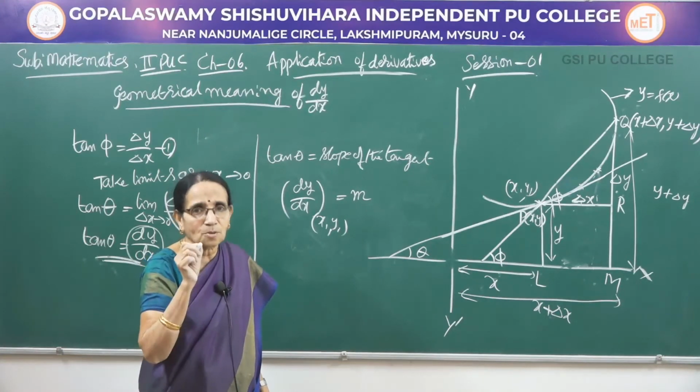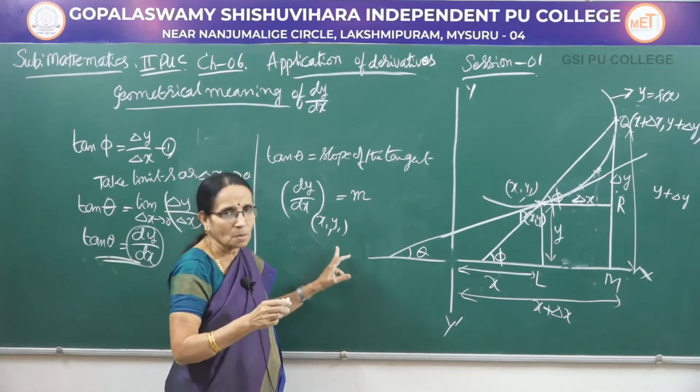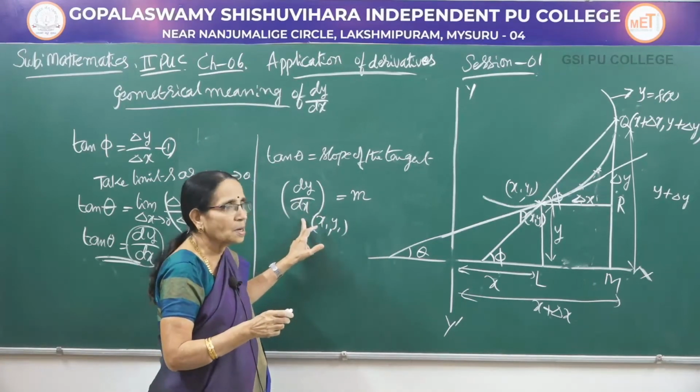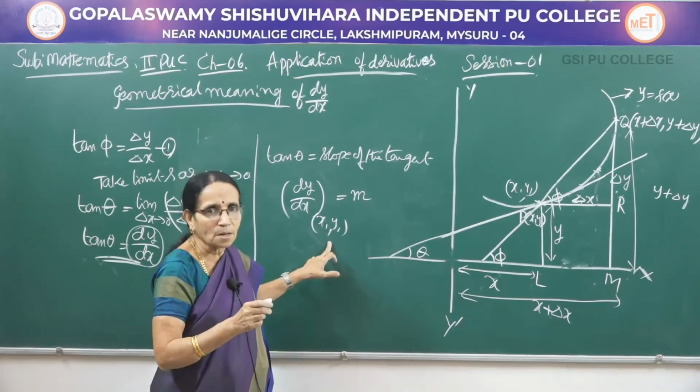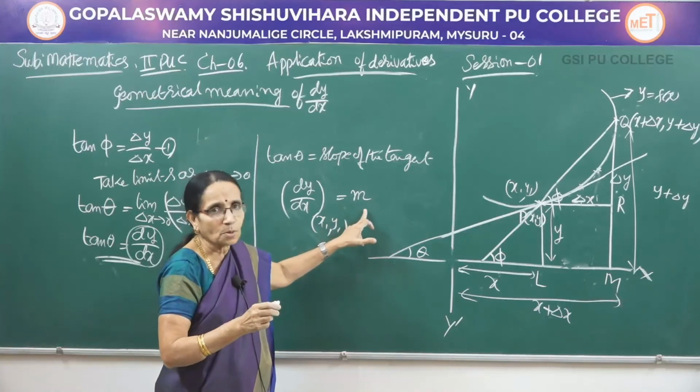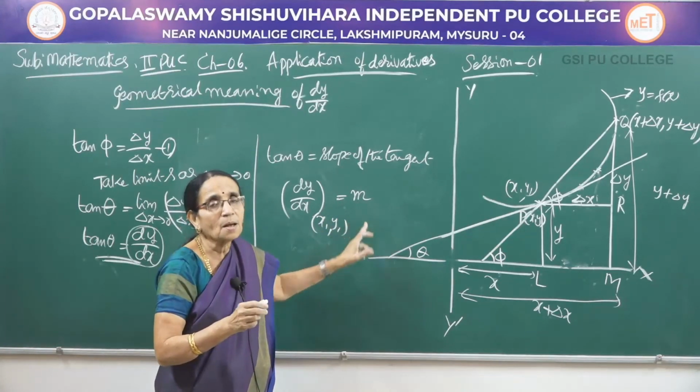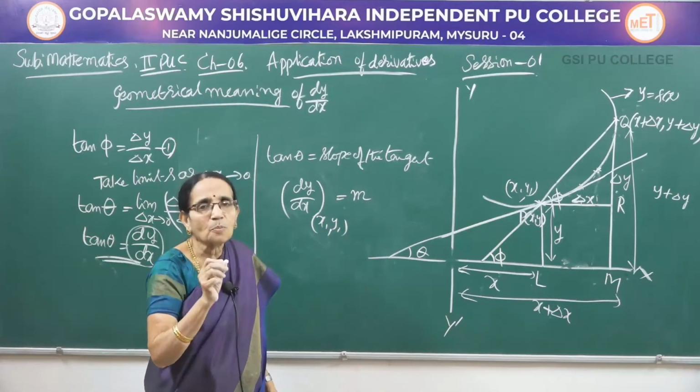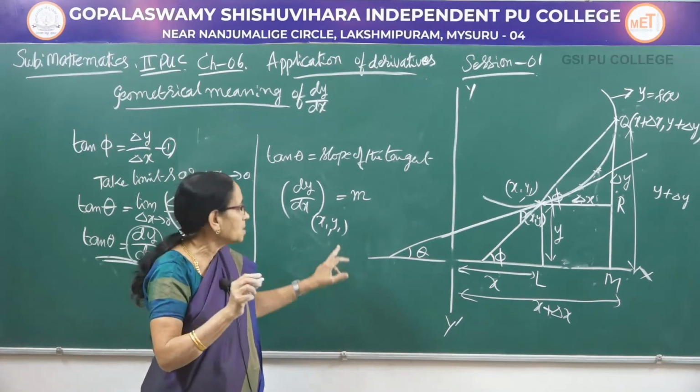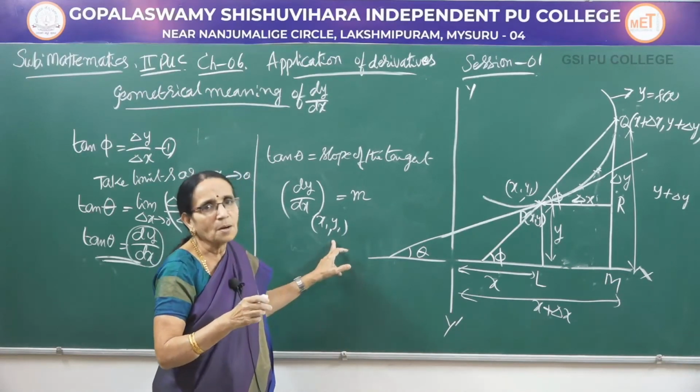If the tangent is drawn at the point x1 comma y1, then dy by dx at x1 comma y1, that is how we have to read, is equal to m. What does m stand for then? It stands for the slope of the tangent drawn at the point x1 comma y1.